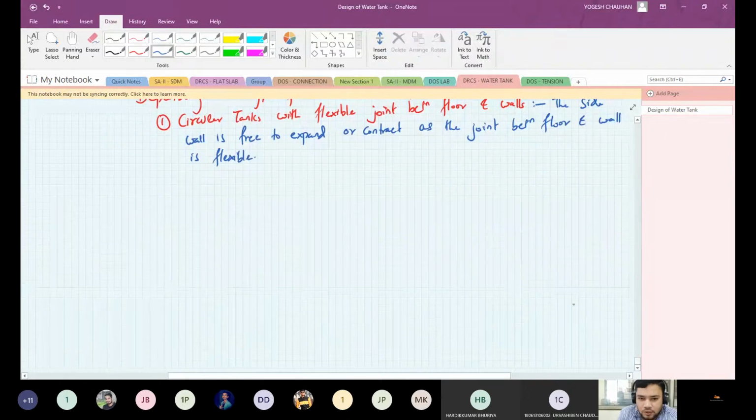Means here, suppose we have a tank like this.